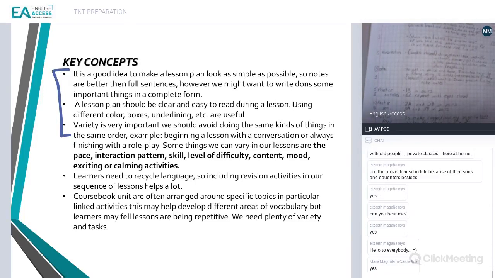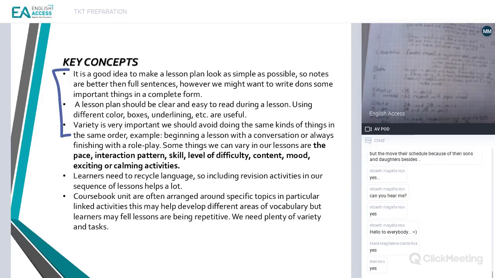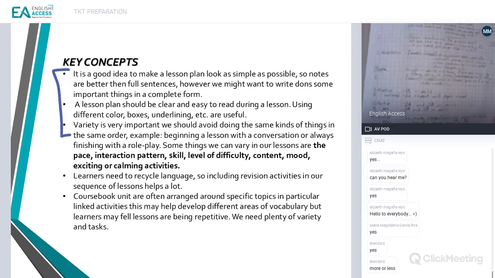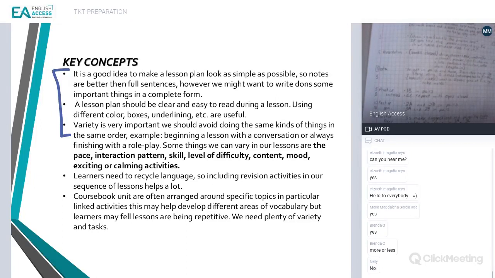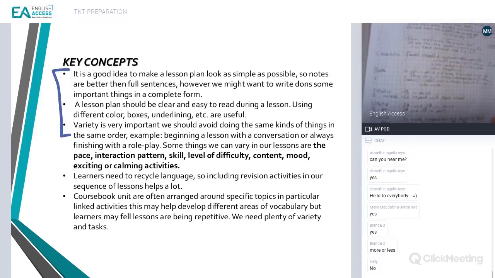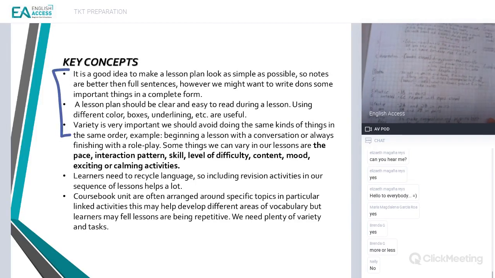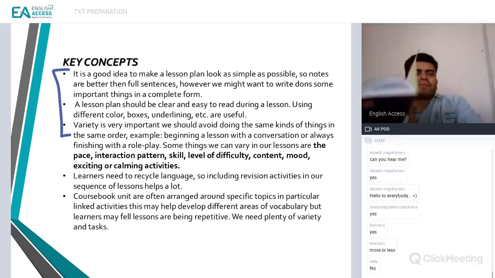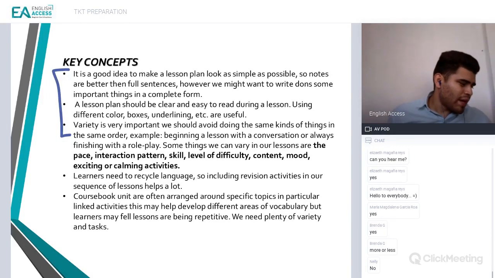Now, if you notice, in my lesson plans, sometimes I write full sentences. Sometimes I just write little cues or notes. For example, I don't write the word students. I write SS. I don't say teacher.